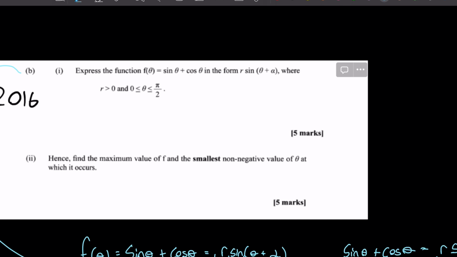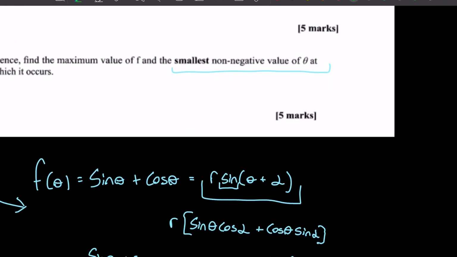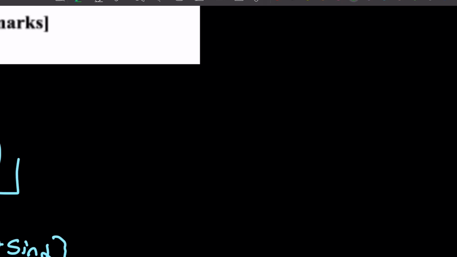So hence find the maximum value of f and the smallest non-negative value of theta at which it occurs. So going back to what we know, we'll rewrite what we have. We found r to be root 2 and we found alpha to be 45 degrees. So the max value of root 2 times sine of theta plus 45 is equal to what?